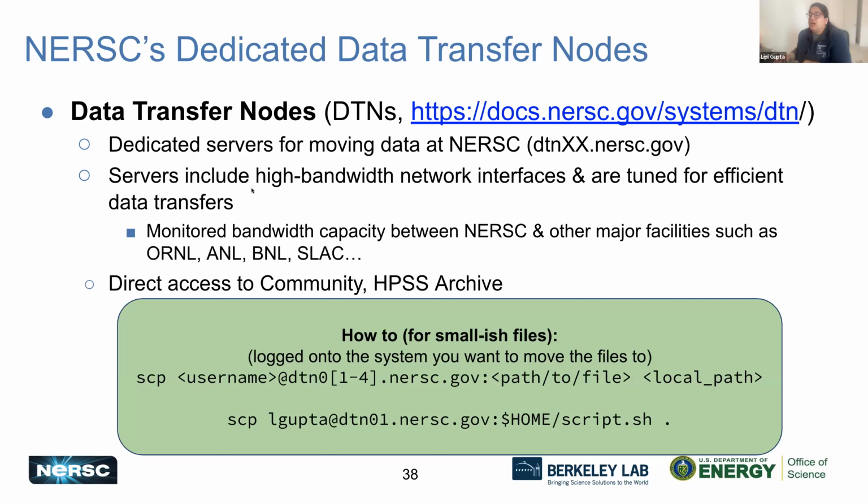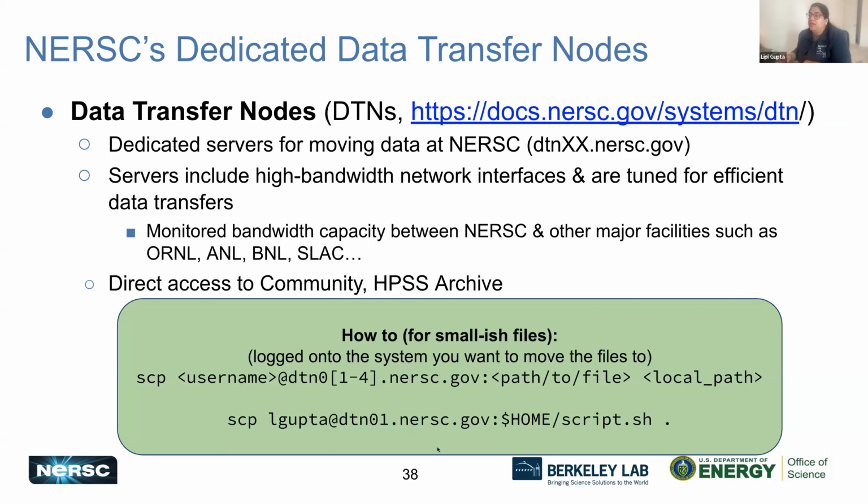They're really optimized for efficient data transfer. In particular, the bandwidth capacity is monitored between some of the other facilities that you may be moving data between, more likely than not. And these nodes are set up for this.